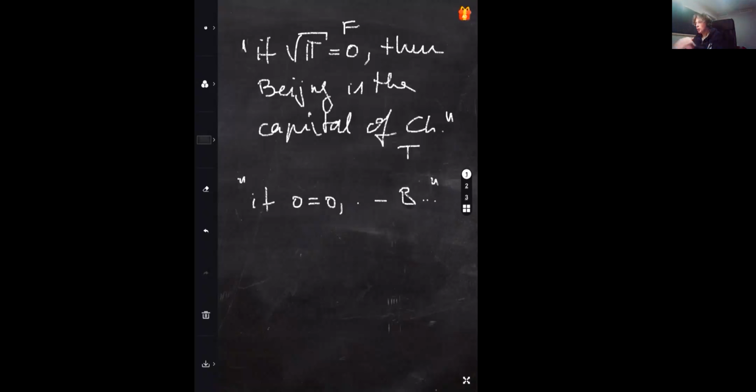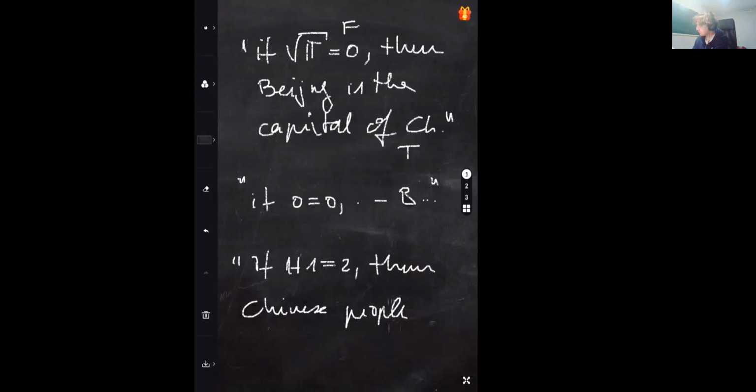But if I tell you, if 1 plus 1 equals 2, then Chinese people speak Italian. What about this one? This is false, right?